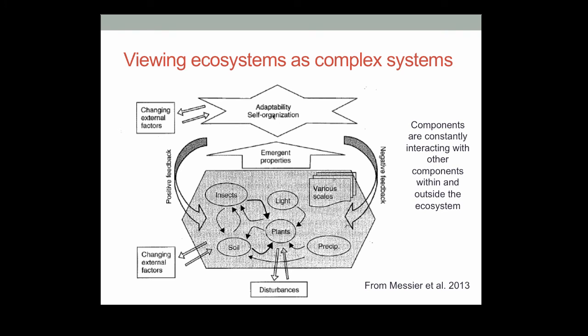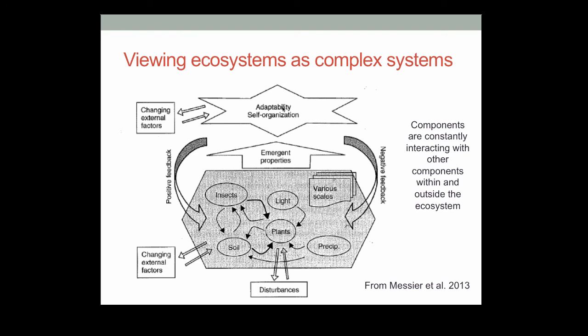All right, and some of these adaptability and self-organization factors may be things such as human land use and other external factors that are going to perhaps limit the resilience or the ability for one of these ecosystems to try to recover from some sort of disturbance or some sort of ecosystem factor.